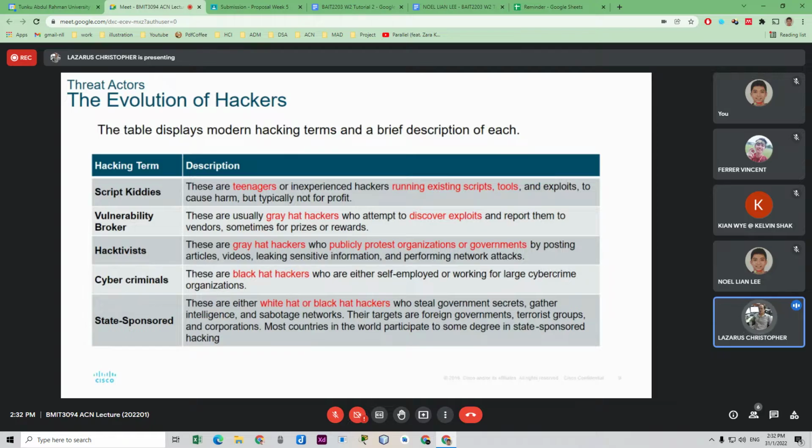And then we have the state-sponsored. Sometimes we call them state-sponsored terrorists because what they do is the government conducting cyber warfare or cyber intelligence. Sabotaging, influencing, gathering intelligence, all this. So we're not just talking about countries that are obvious like Russia, North Korea, China, but also the Western countries also do this.